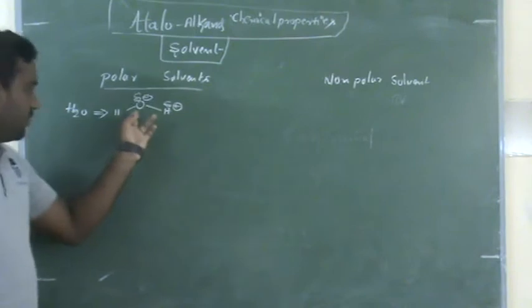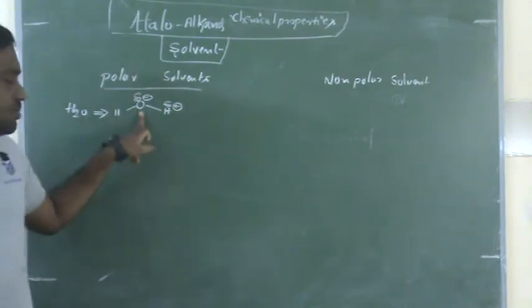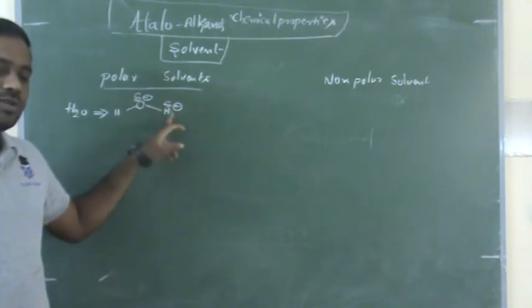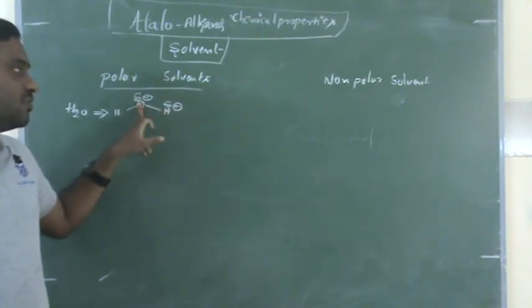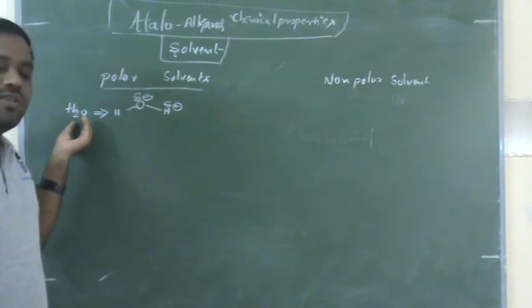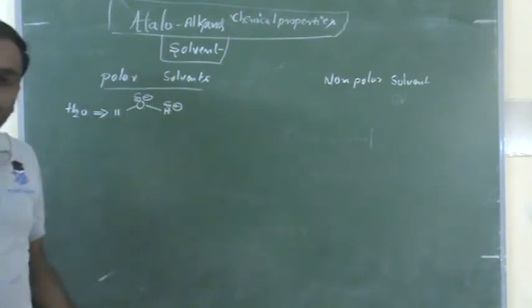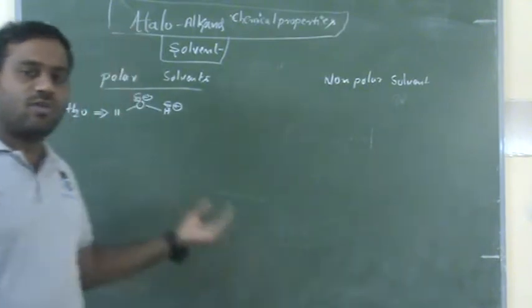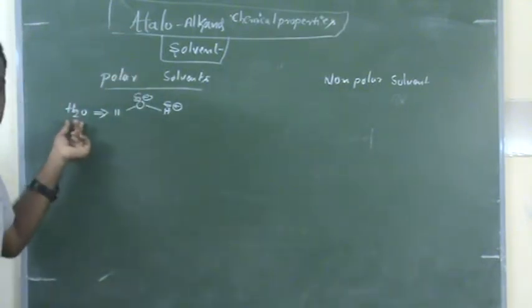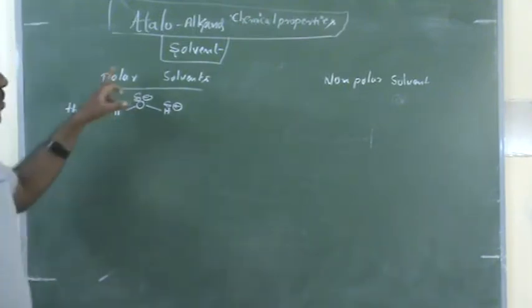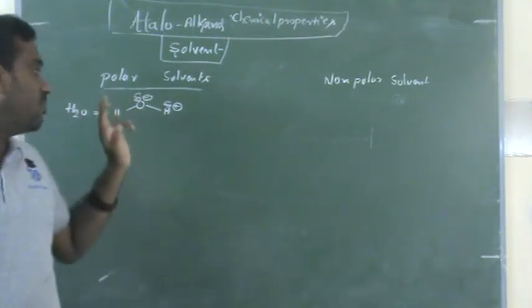Water is a universal solvent. Generally, almost all chemical reactions in chemistry go in the presence of water only. That's why it is called a universal solvent. This is a polar solvent. Why is it a polar solvent?